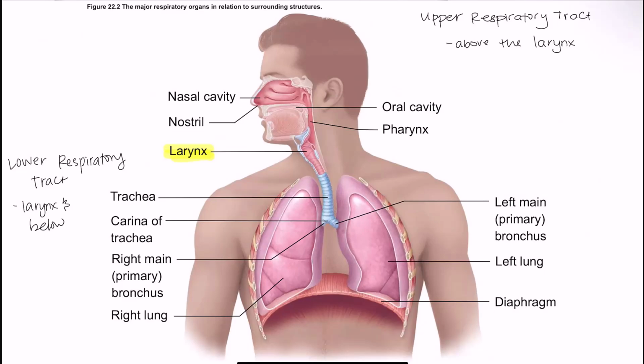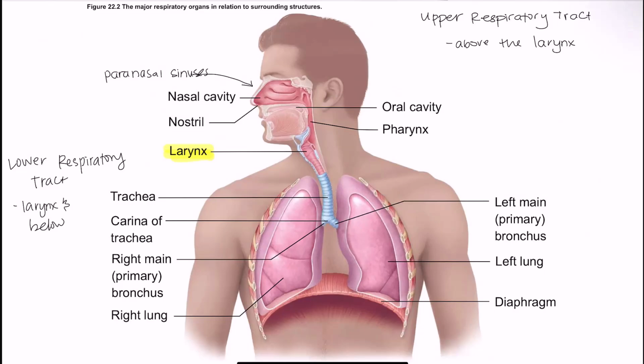So we have the nasal cavity, that's where all the nose stuff is. We have the pharynx, that's the throat. In the oral cavity, we also have the tonsils, right? And also here, which is not shown, are the paranasal sinuses. So I'm just going to add in here paranasal sinuses.